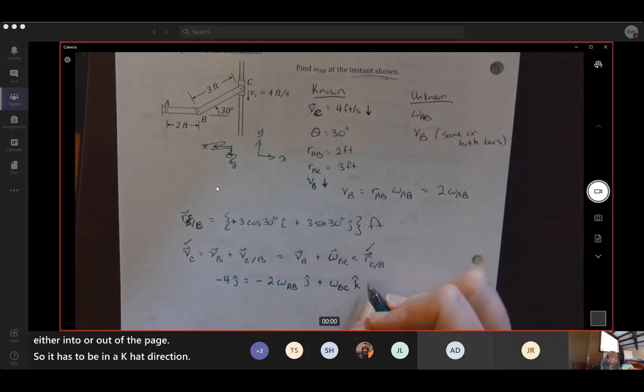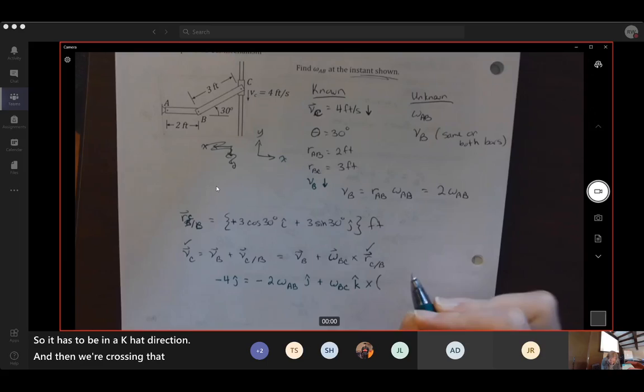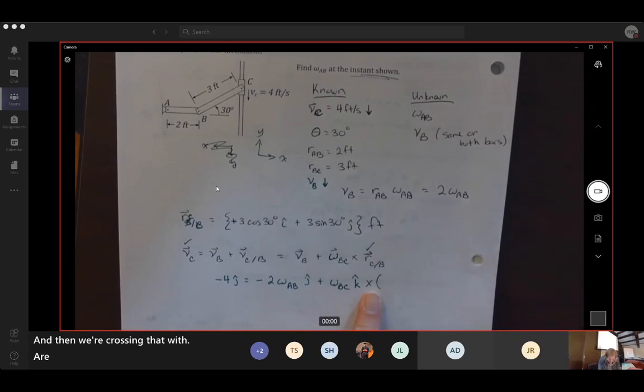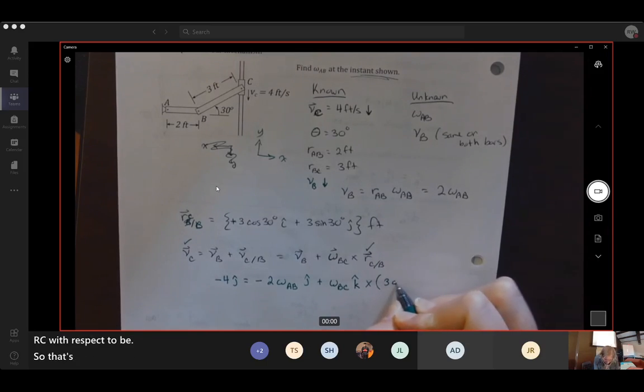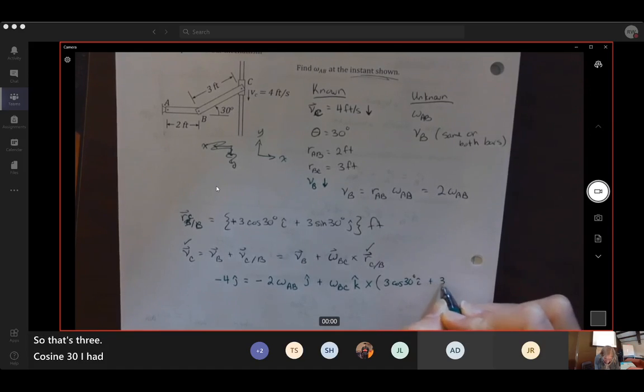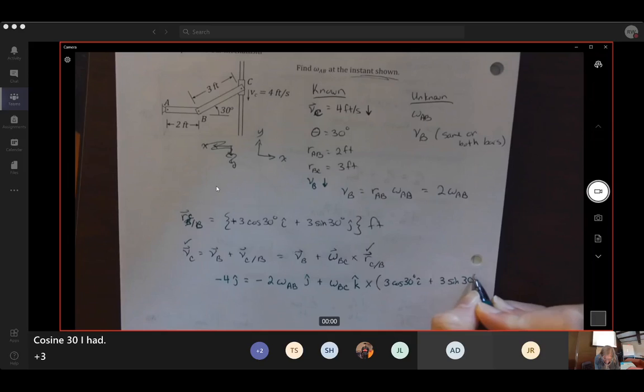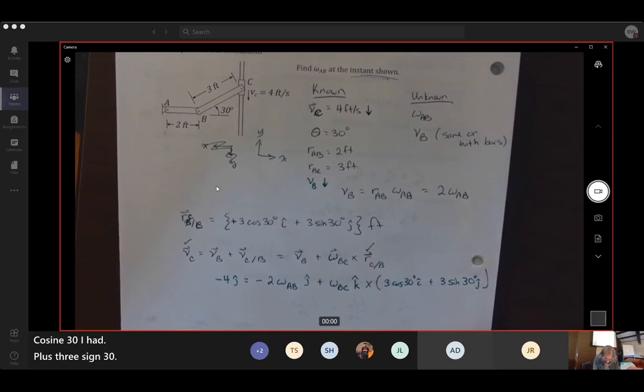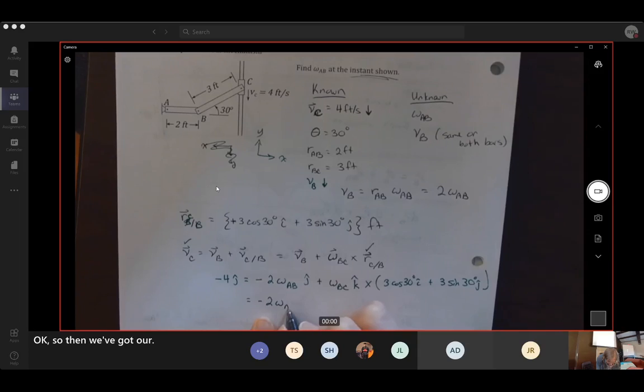And then we're crossing that with RC with respect to B. So that's 3 cosine 30 i hat plus 3 sine 30 j hat. Okay, so then we've got our negative 2 omega AB j hat.